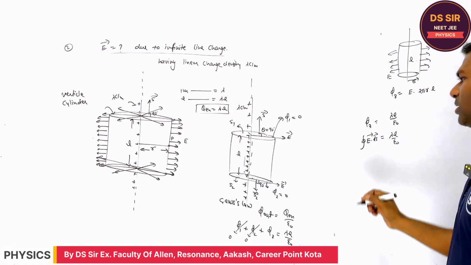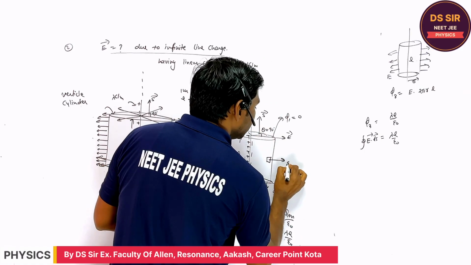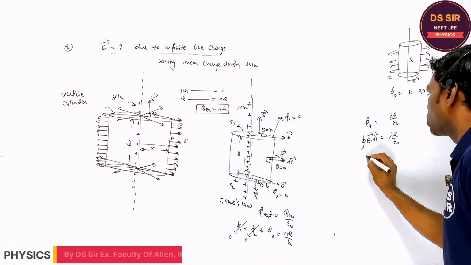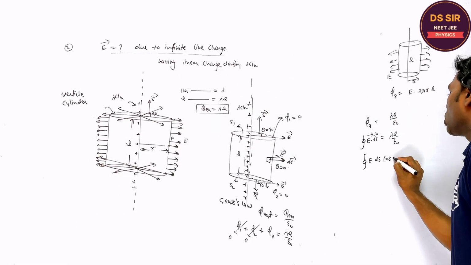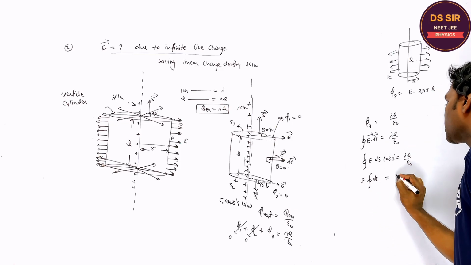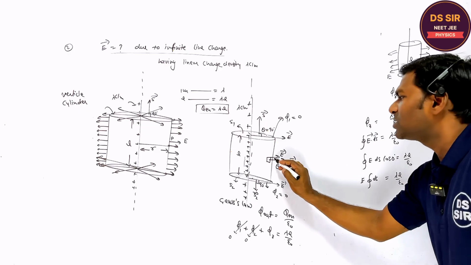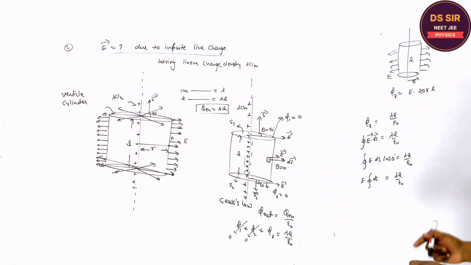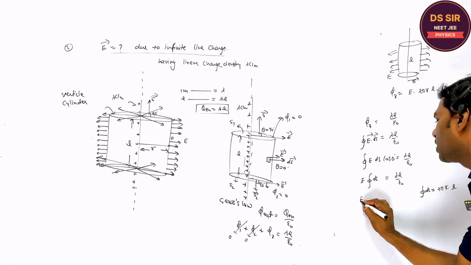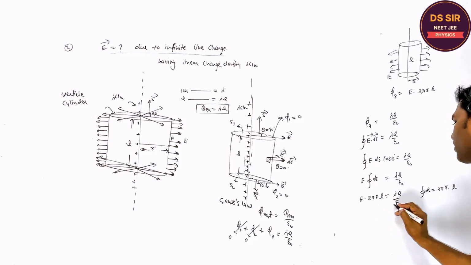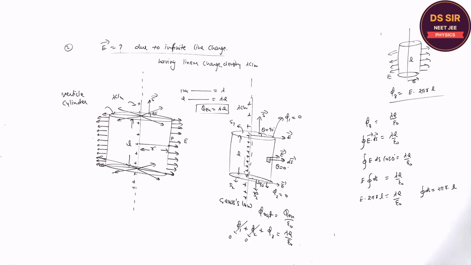Taking the elemental ds vector, the electric field is E and theta is 0, so E ds cos 0 integrated is lambda into L. The electric field comes out of the integral, leaving the integral of ds, which is the total area of this surface, 2 pi r into L. So E into 2 pi r L is the total flux.